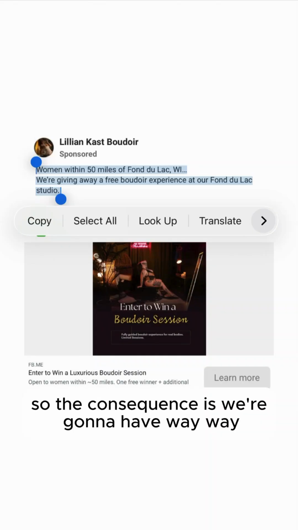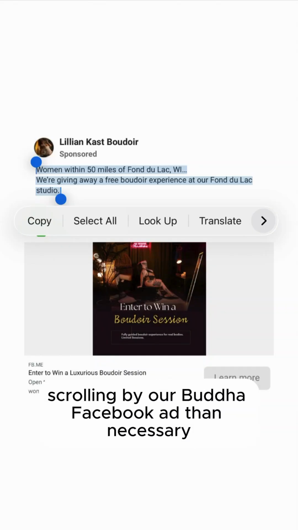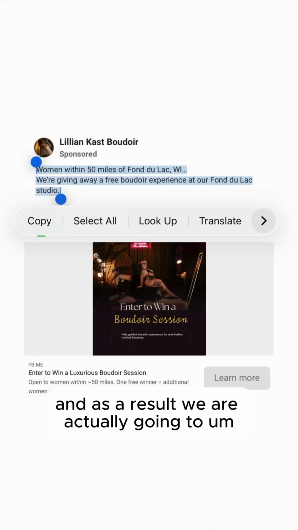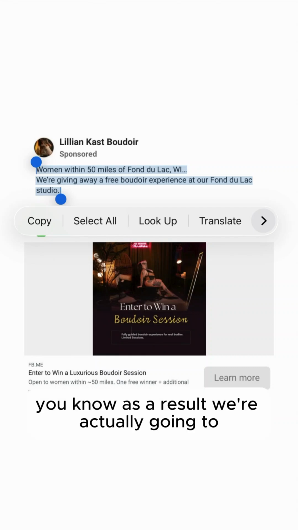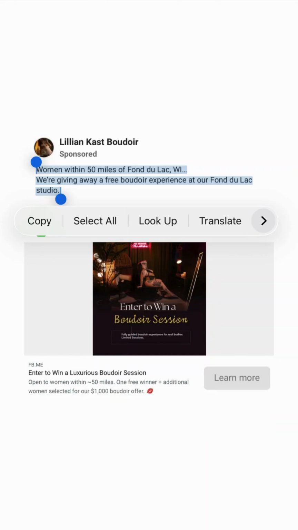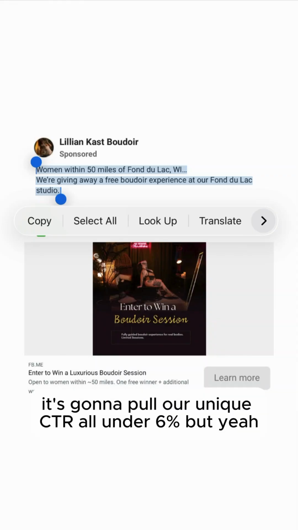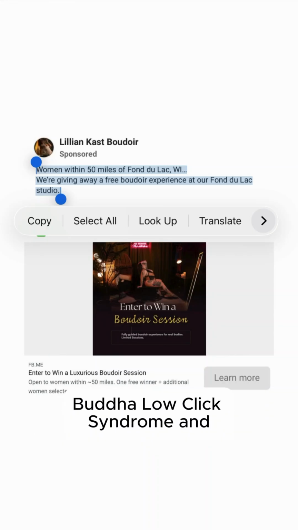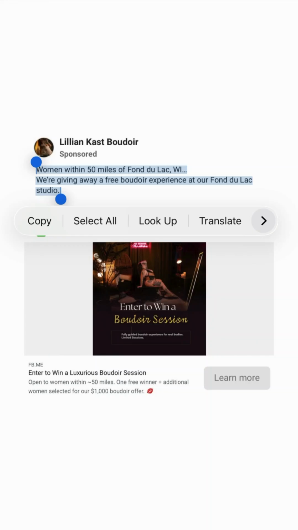So the consequence is we're going to have way more women scrolling by our boudoir Facebook ad than necessary, and it's going to pull our unique CTR under 6%, increase the probability we have BLCS, boudoir low click syndrome, and it's going to be wasting our buckaroos.